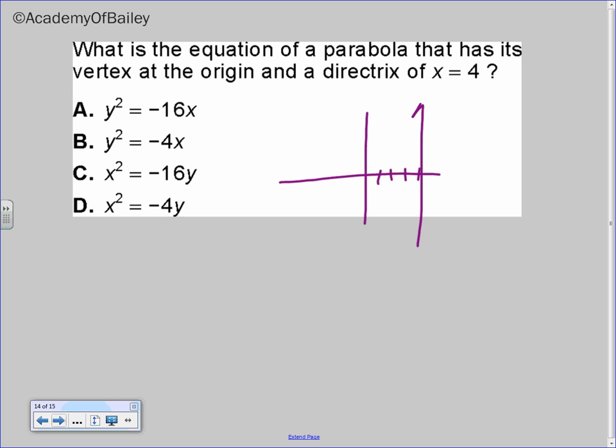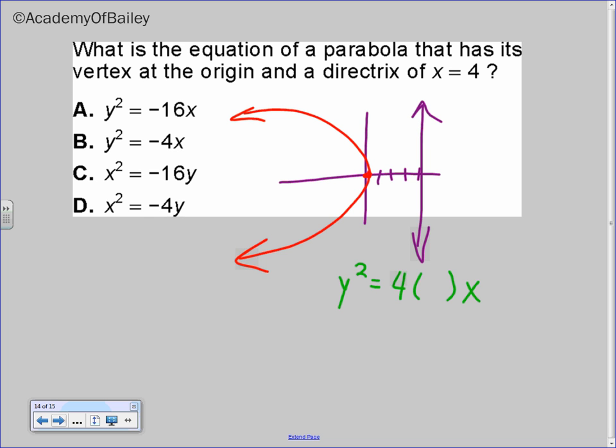So here's the directrix. That must mean the parabola opens left, so we know that's going to be a y squared equation, and that's going to be 4 times p times x.